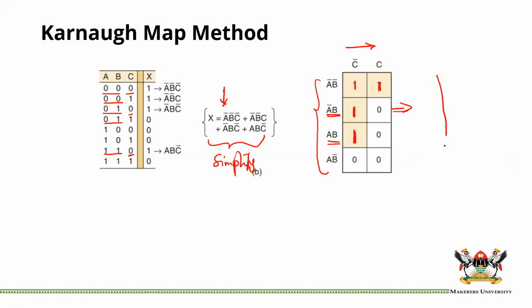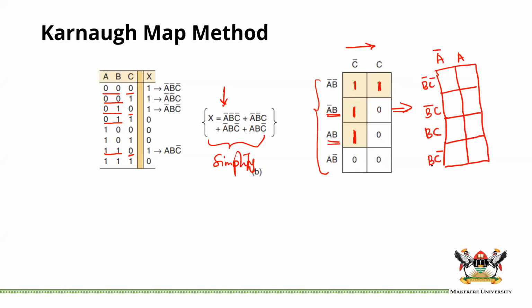You could have drawn this. Okay, so you could say maybe, it depends, you could put A and you could have this. I'm sure this could work. Really, I don't see why it can't work.